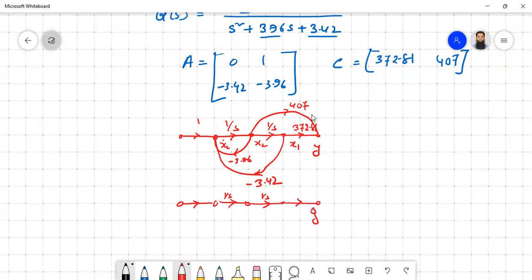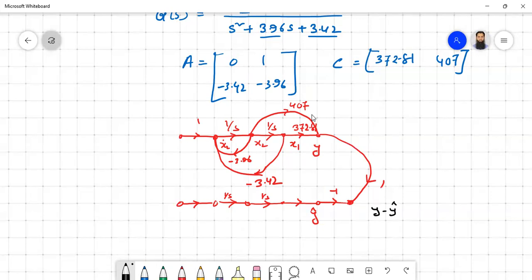So from y, you should have another input. What we are interested in is y minus y hat. So with again 1, that point is actually your y minus y hat.